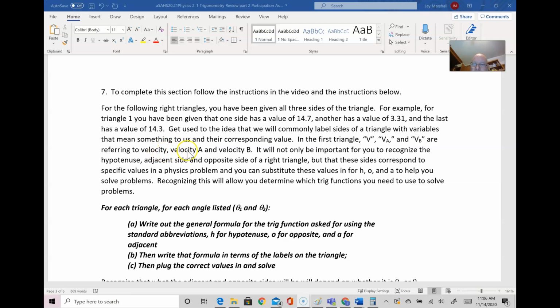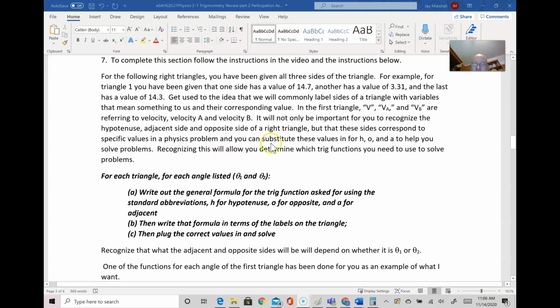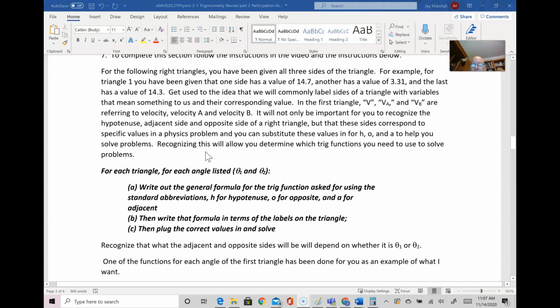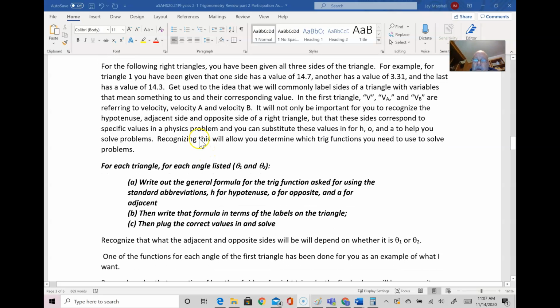That refers to velocity, velocity A, and velocity B. It won't only be important for you to recognize the hypotenuse, adjacent, and opposite sides, but that these sides correspond to something in a physics problem that you can substitute in for the values of hypotenuse, opposite, and adjacent sides. That's going to help us solve these problems. Recognizing this will allow you to figure out which trig function you need to use to solve the problem.